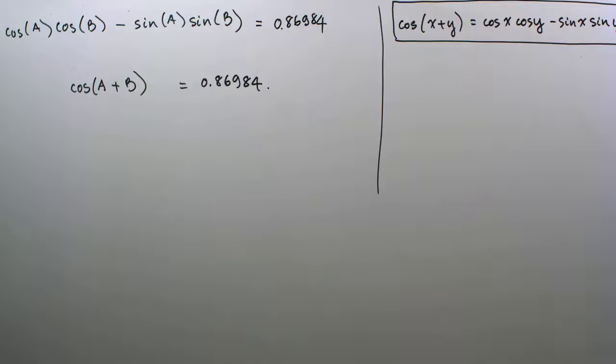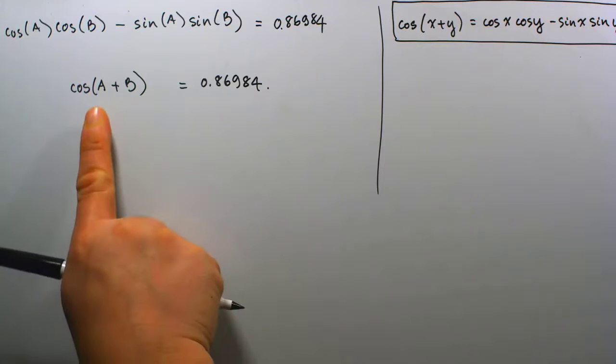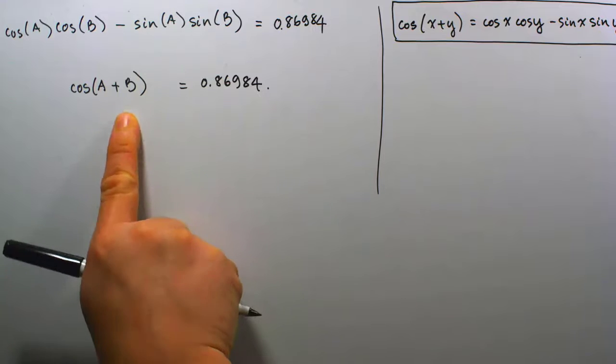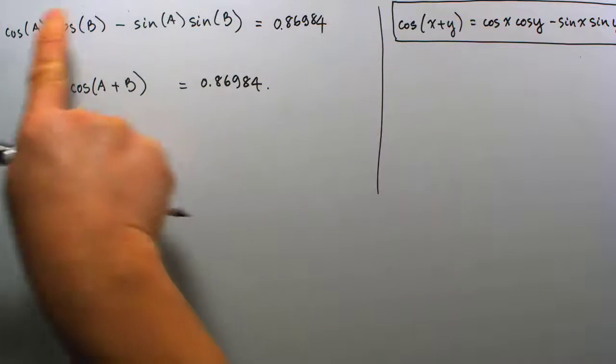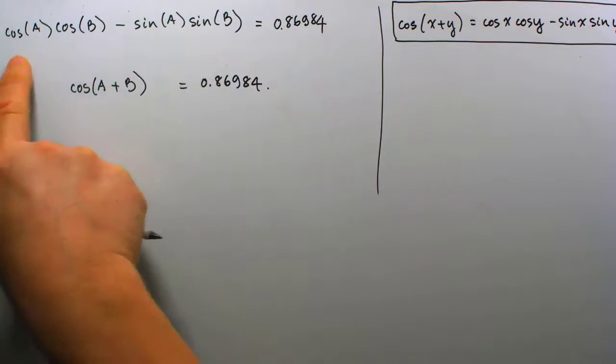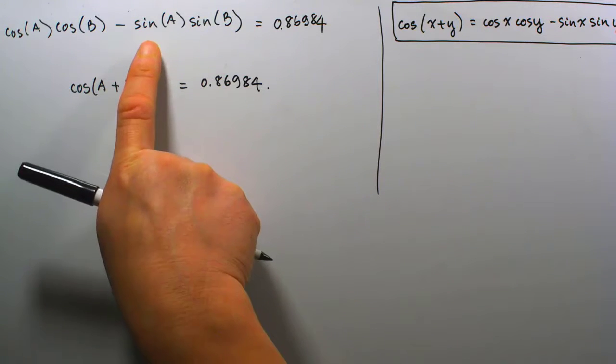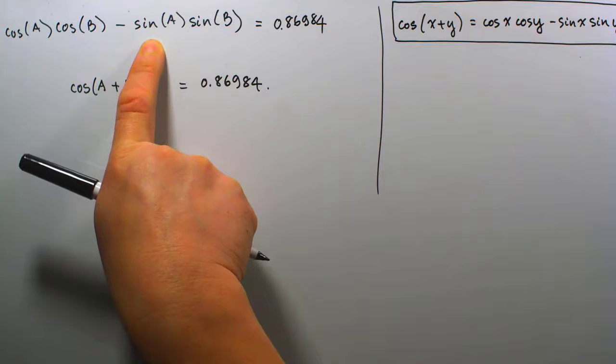Okay, and so in other problems, in case you run into a similar problem but having a different relationship here, then the left hand side must be one of the four sum or difference identities that you have learned.